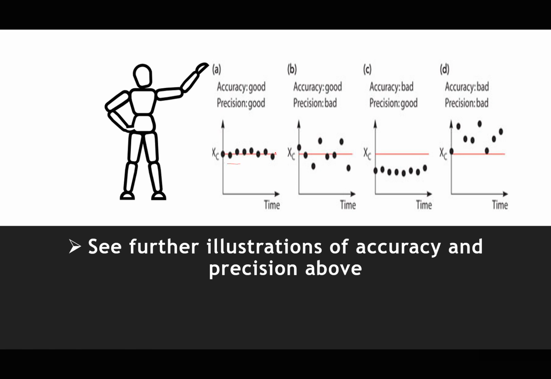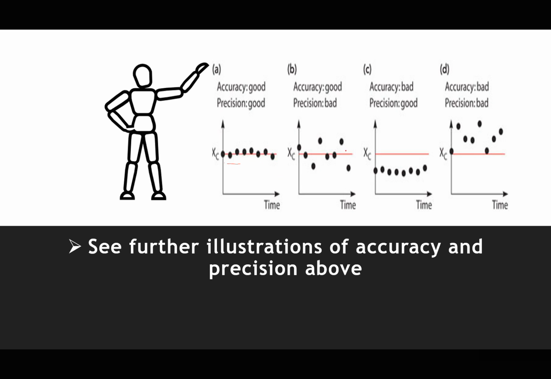When a line of best fit is drawn, you see that most of these measurements are close to the line of best fit. Because the measurements are close to the line of best fit, we can conclude that the measurements are precise, and they are also good. There is good accuracy, there is good precision.